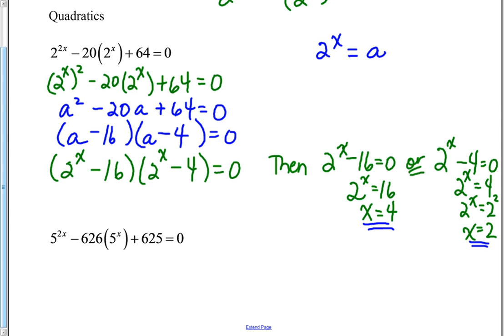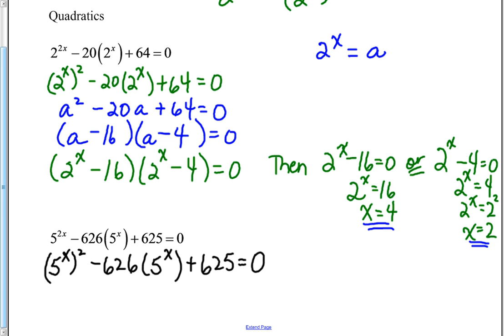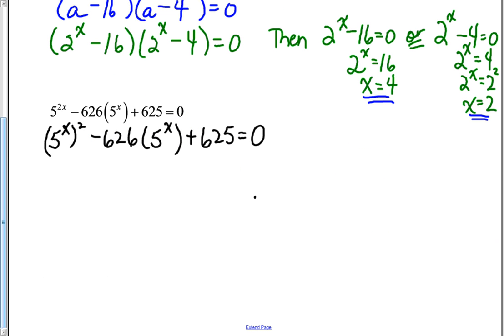5 to the 2x minus 626 times 5 to the x plus 625 equals 0. The first one is the same thing as power of a power. So just like a quadratic, I have something squared minus 626 times something plus 625 equals 0.